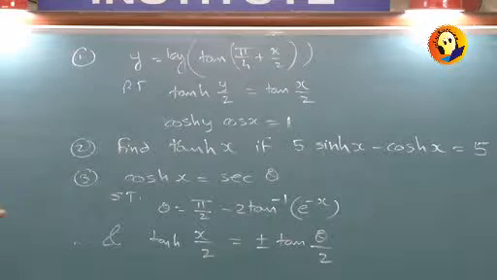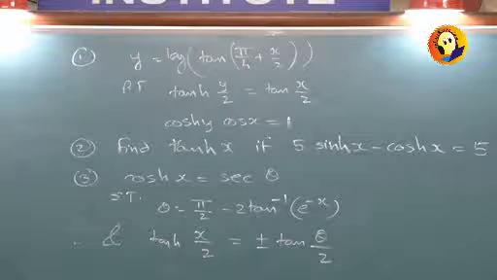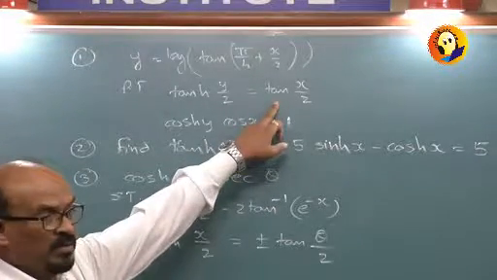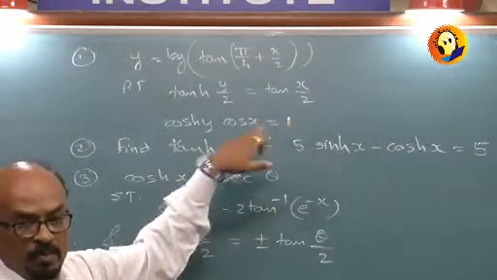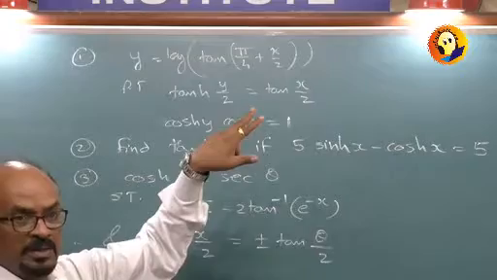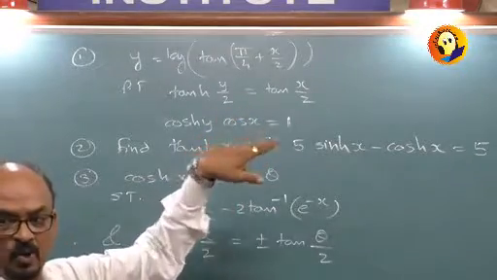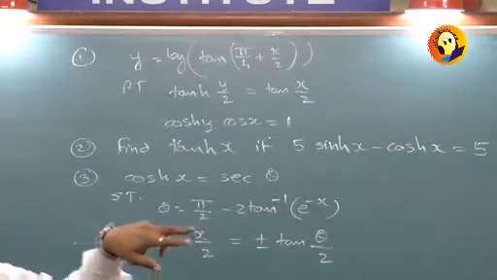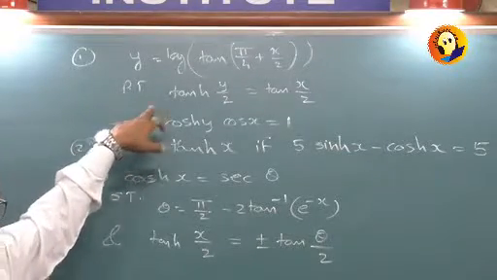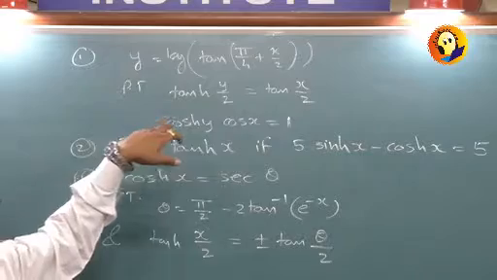If you do componendo and dividendo into c plus d, c minus d, probably you can get rid of that. 1 plus tan x by 2 upon 1 minus tan x by 2. If you subtract, you will get 2 c minus d upon c plus d. You will get 2 tan x by 2 upon 2. And on left hand side it will be e raised to y minus 1 upon e raised to y plus 1.